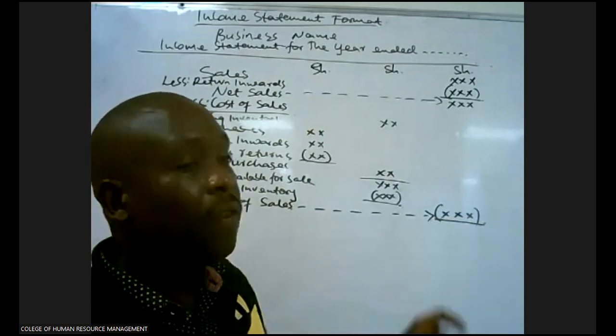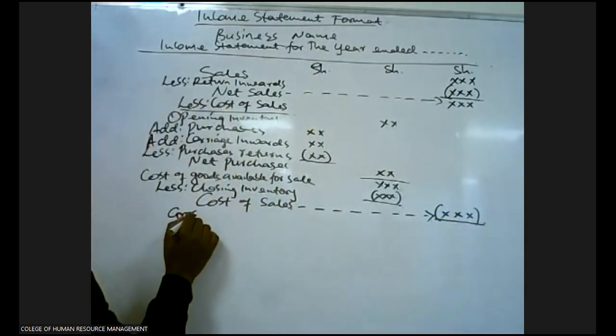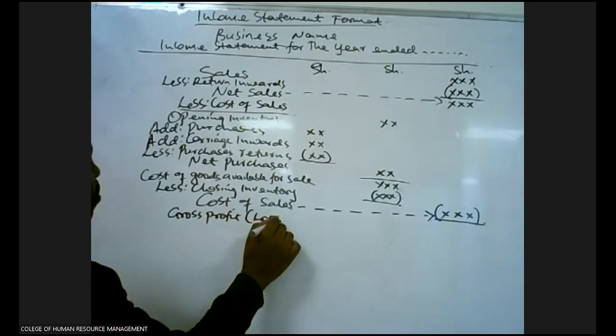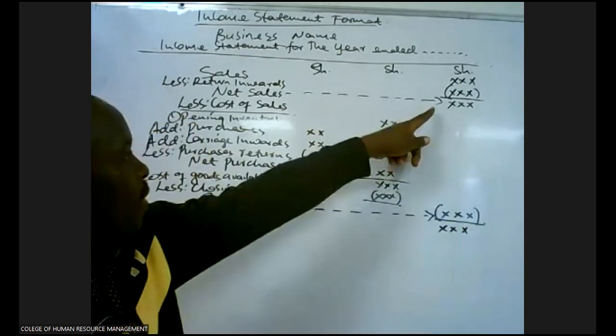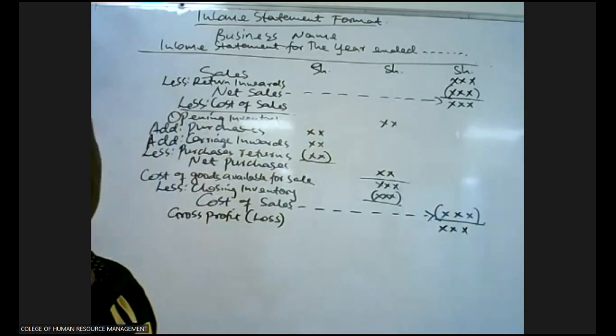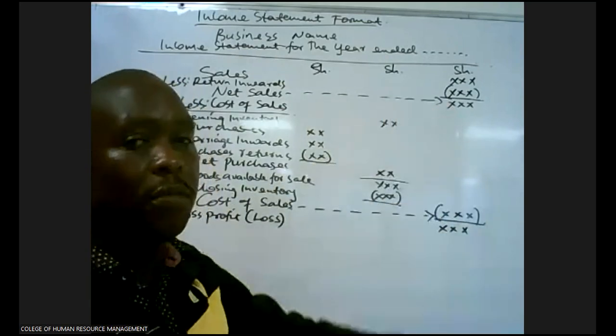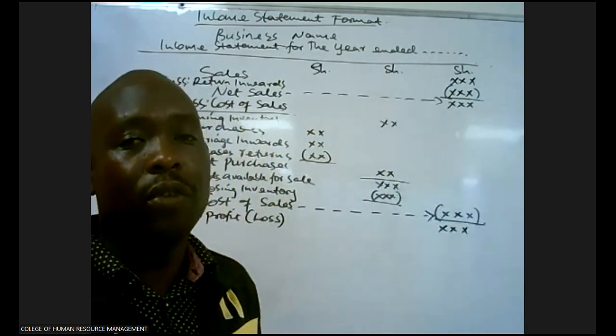This is the sales, this is the cost of what was sold. The difference would be either gross profit or a loss. That is sales minus cost of sales. If sales are more than the cost, that is profit. But if the cost is more than the sales, that is a gross loss.